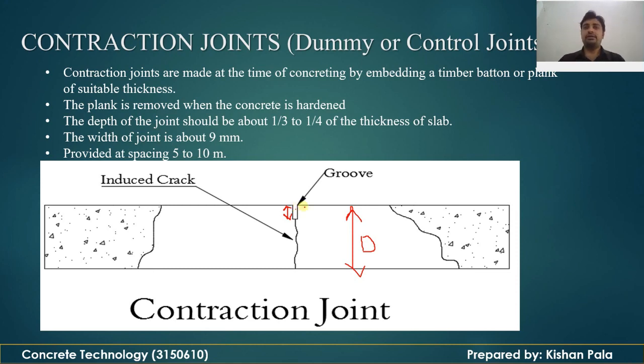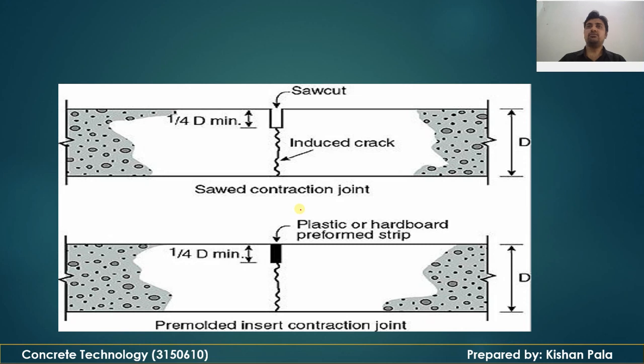And I have a different photo for the contraction joint. You can see the total depth of the element is D, and the depth of the joint is one third or one fourth. I have taken one fourth of D. So this is the contraction joint. Simple thing.